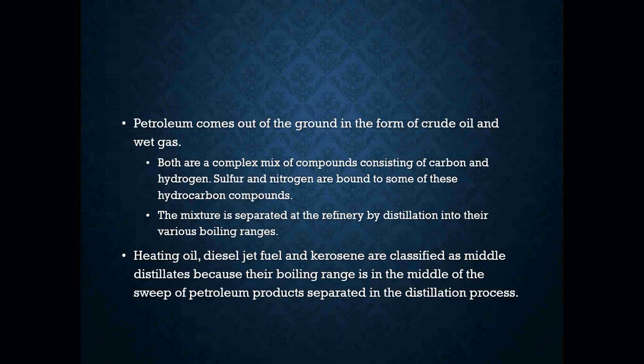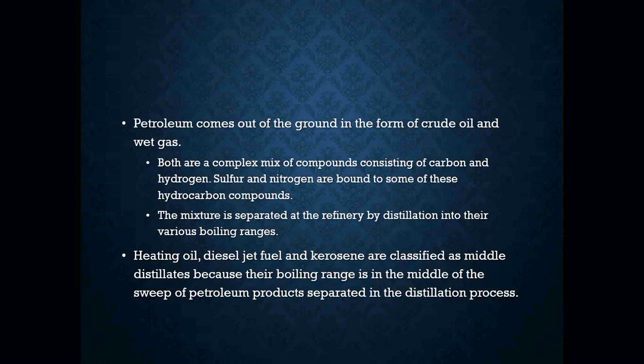When we are putting them through the refinery process and distillation process, we actually take that carbon, that hydrogen, the sulfur, and nitrogen and separate it. We do that at the refinery, through a distillation process. Basically they're taking that mixture and boiling it off at different ranges.